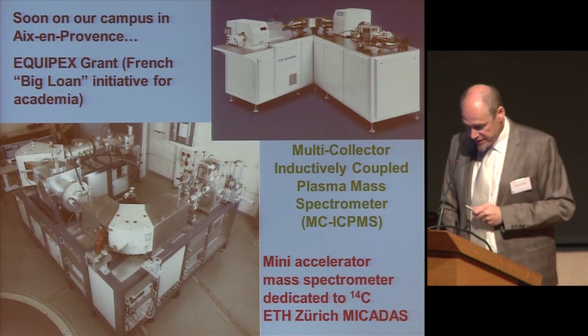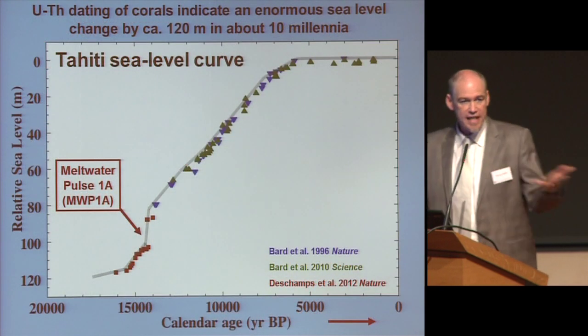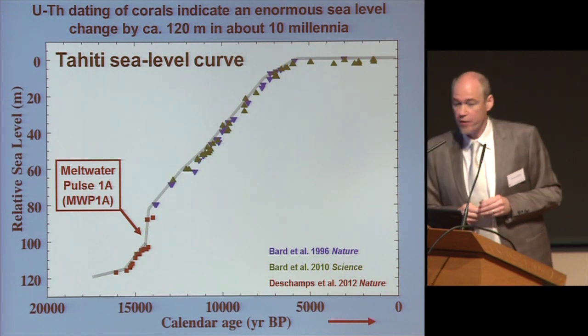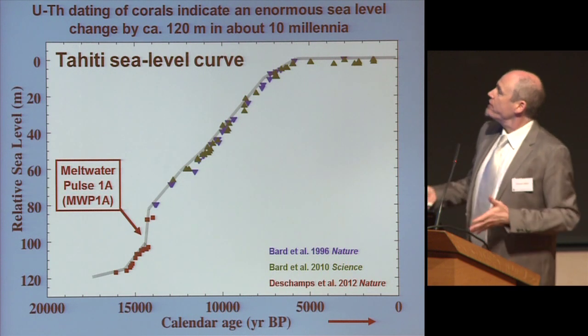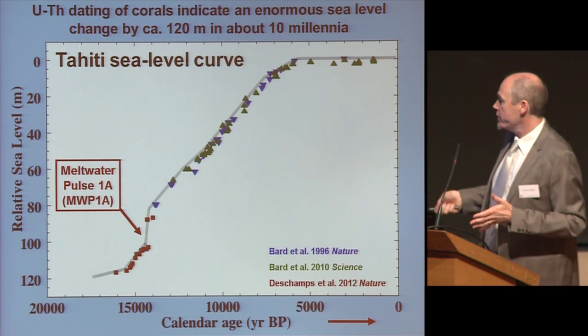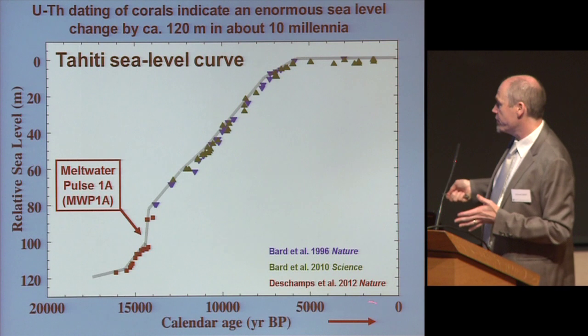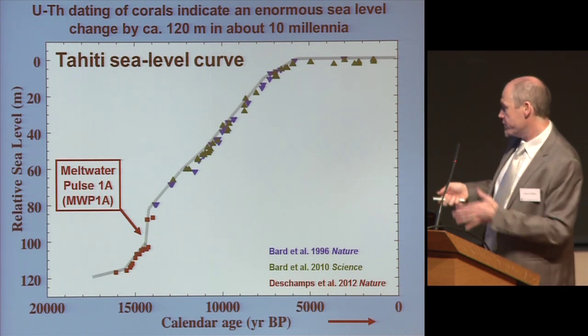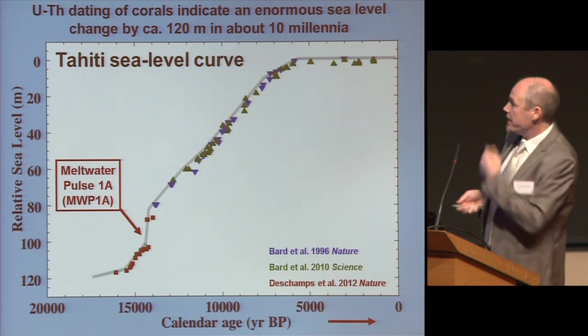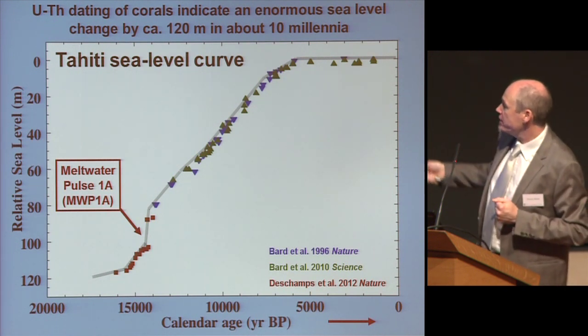Anyway, when we date, this is the end result that I wanted to share with you. This is the updated Tahiti sea level curve over the last 20,000 years of climate history, the scale is here in meters.